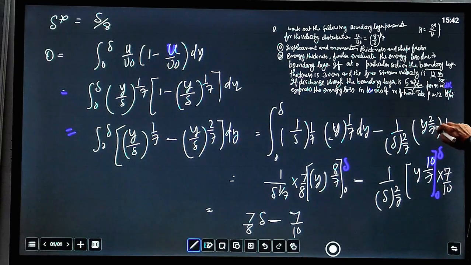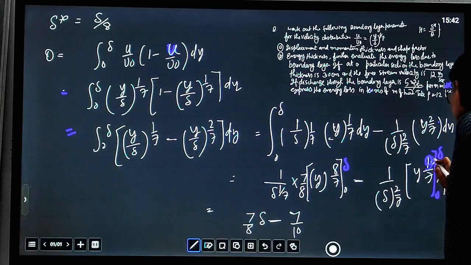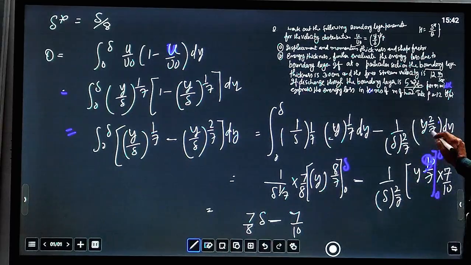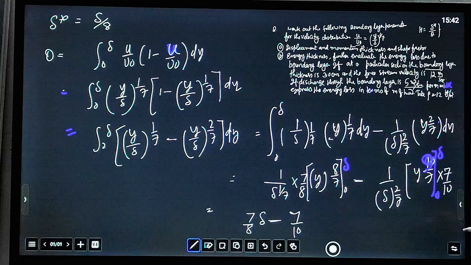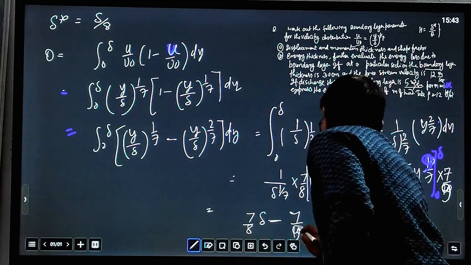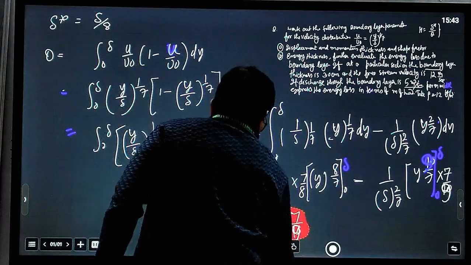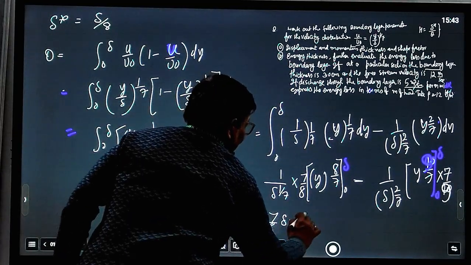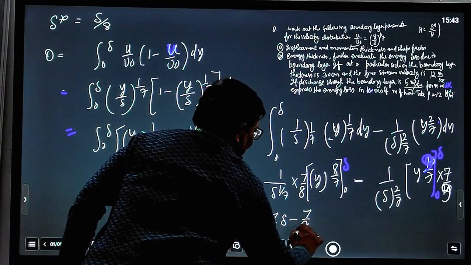Here 2 by 7 plus 1 is 9 by 7. So it is 9 by 7, and so 7 by 9. Simplify it. This will be equal to 7 by 8 del minus 7 by 9 del.